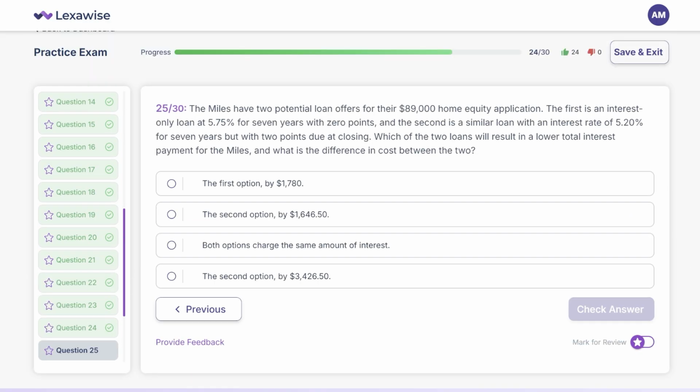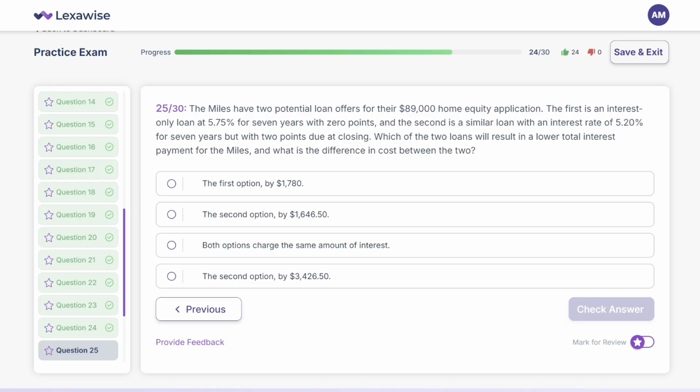Let's go. The Miles have two potential loan offers for their $89,000 home equity application. The first is an interest only loan at 5.75% for 7 years with 0 points, and the second is a similar loan with an interest rate of 5.20% for 7 years, but with 2 points due at closing. Which of the two loans will result in a lower total interest payment for the Miles?